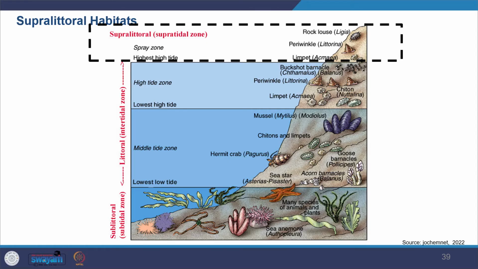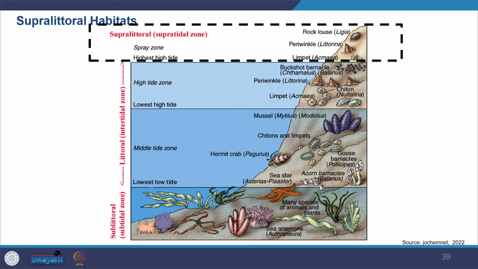Now looking at what kind of habitat really exists in all these three layers we talked about. So, supralittoral habitat. That's the image which we saw.